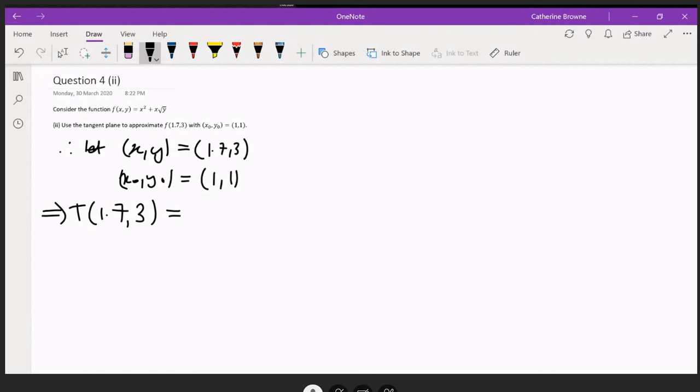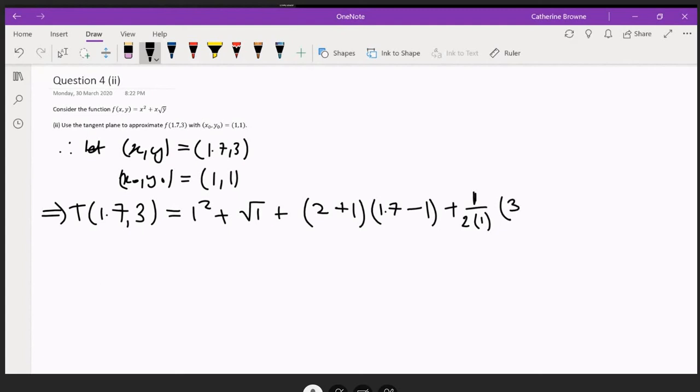it was x naught squared, so that's 1 squared plus the square root of 1, plus 2x naught, so 2 plus the square root of y naught, which is 1, times x minus x naught, so x in this case is 1.7 minus 1, plus x naught over 2 times the square root of y naught, which is 1, times y minus y naught, so y in this case is 3 minus 1.